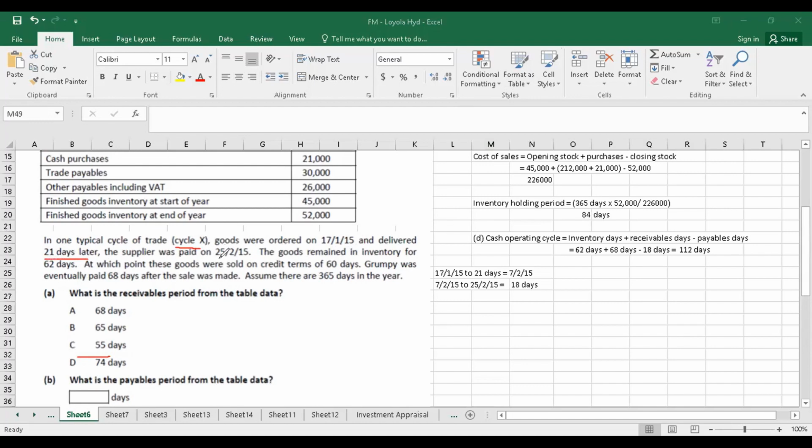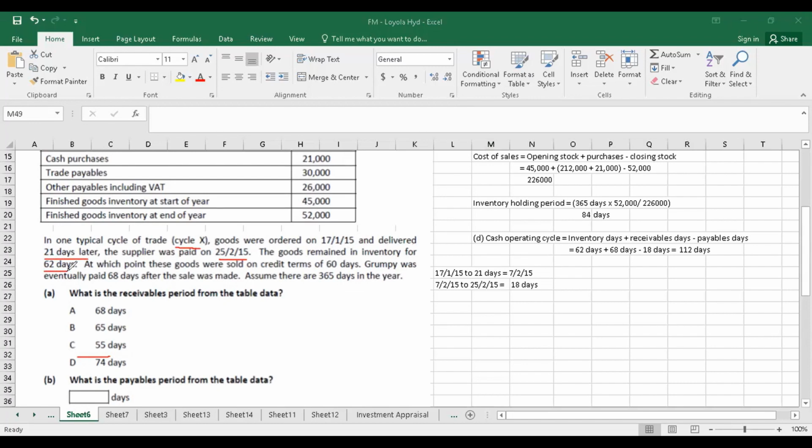The supplier was paid on 25/2/15. The goods remained in inventory for 62 days, at which point these goods were sold on credit terms of 60 days. Grumpy was eventually paid 68 days from the sale, 68 days after the sale was made. Assume there are 365 days in a year.